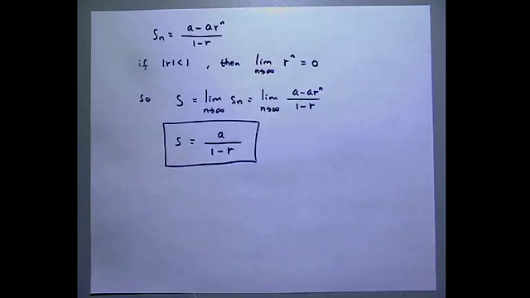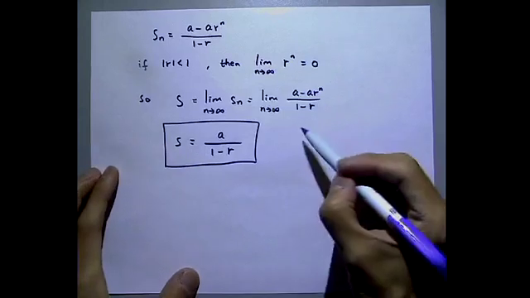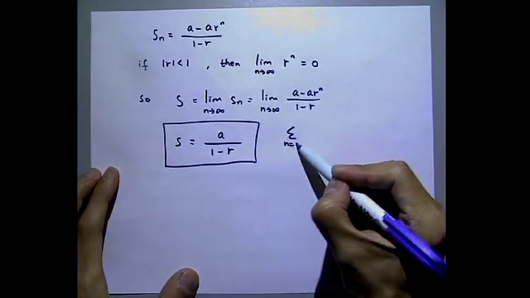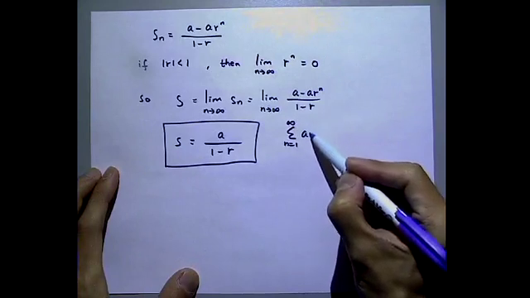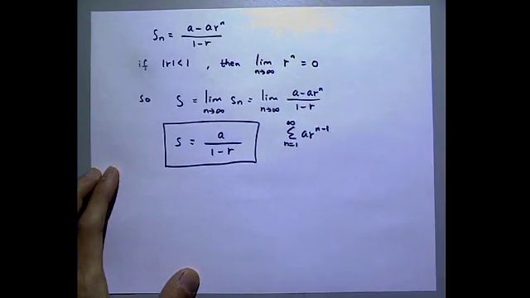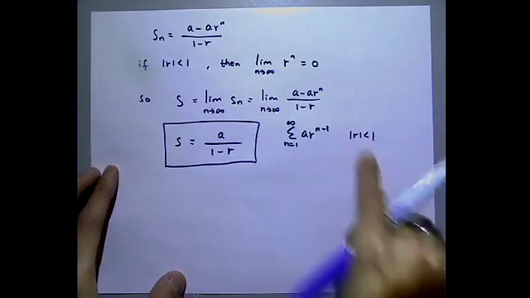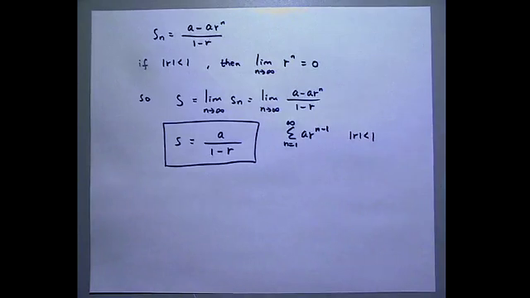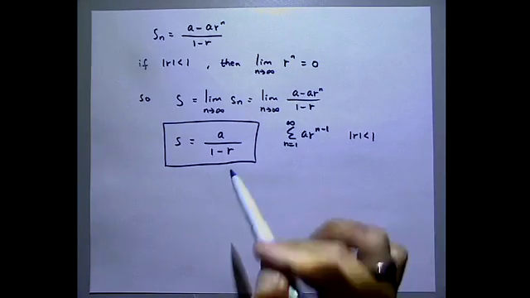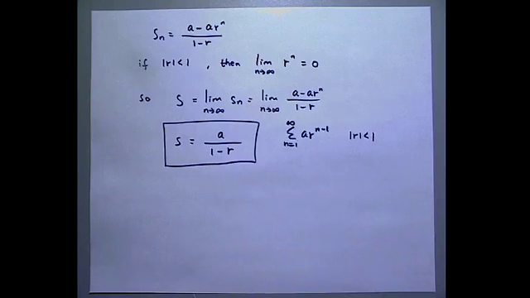Okay, so any geometric series with a common ratio between minus 1 and plus 1 goes to that.